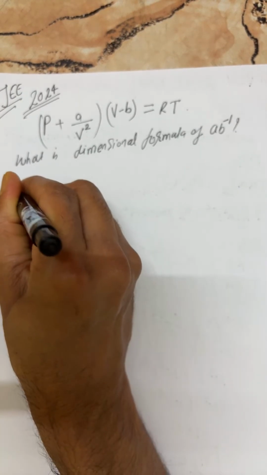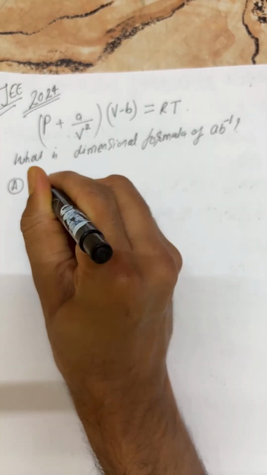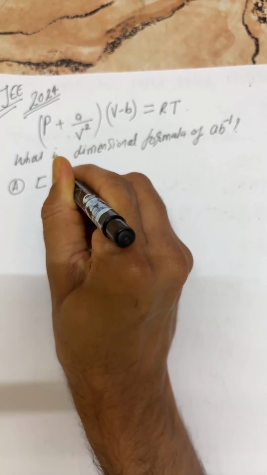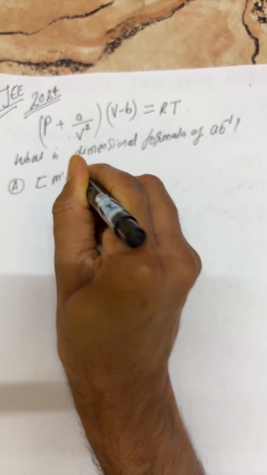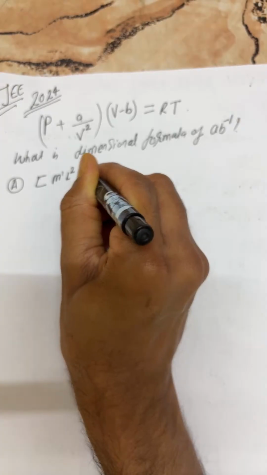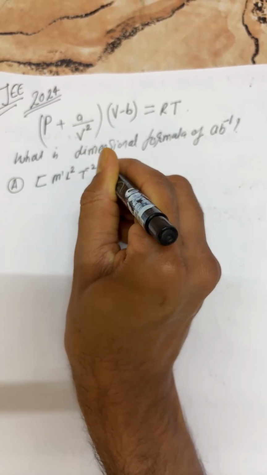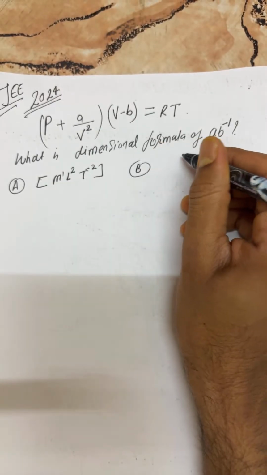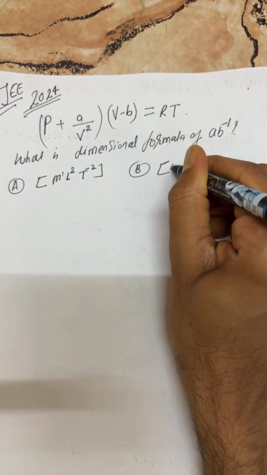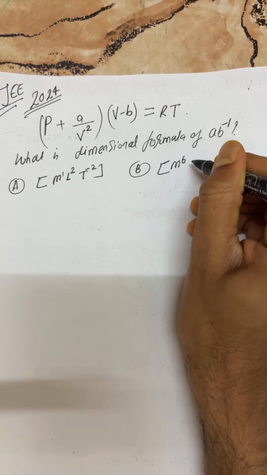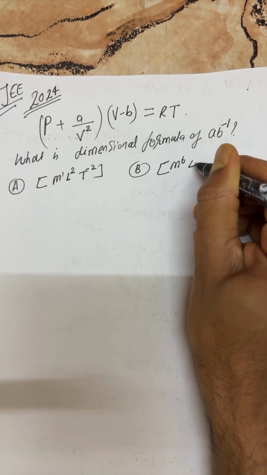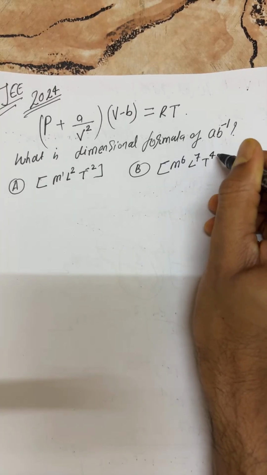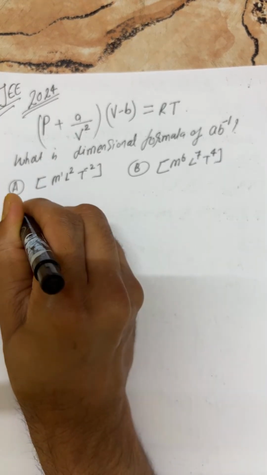What are the options, my kids? This is M1, L2, T minus 2. Beta, A for America, B for Bombay: M to the power 6, L to the power 7, T to the power 4.